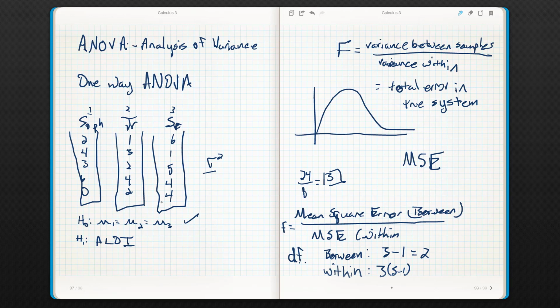Well, it comes from these group sizes right here, because I took 5 in each set. So this is going to be 3 times 4, which is 12. All right? Now, again, you do not want to have to go through the process of computing all of this. So, me, being the charitable young man that I am, well, old man, sorry, has done it for you.